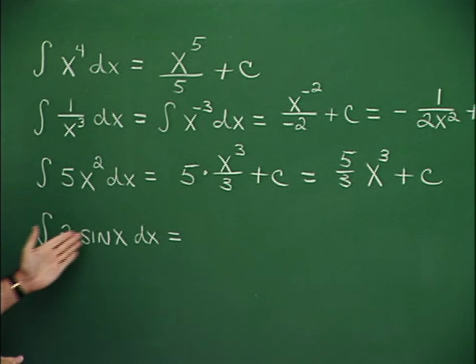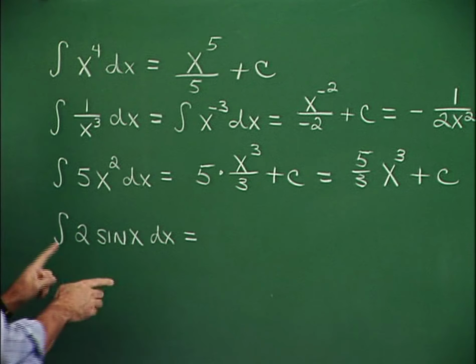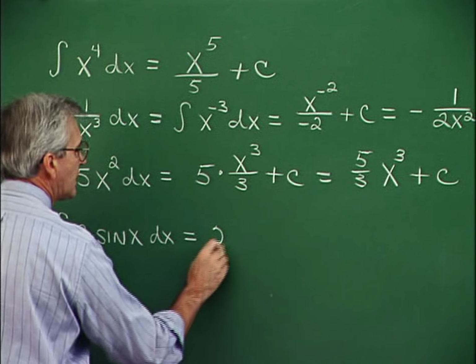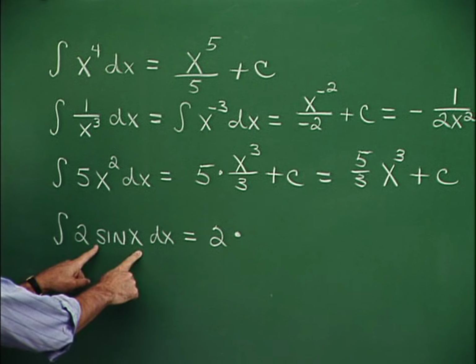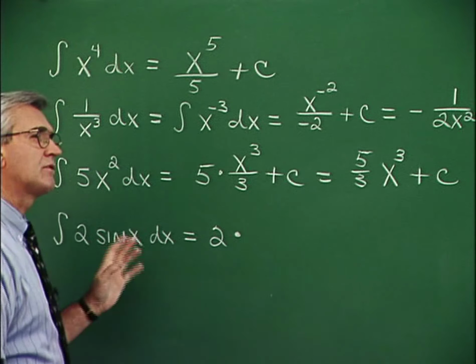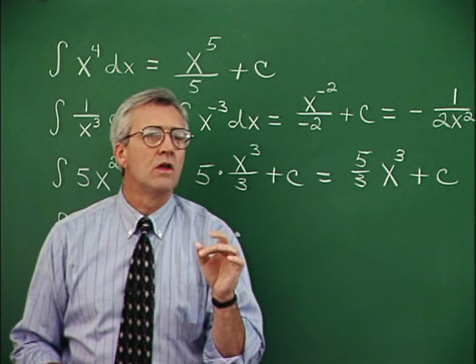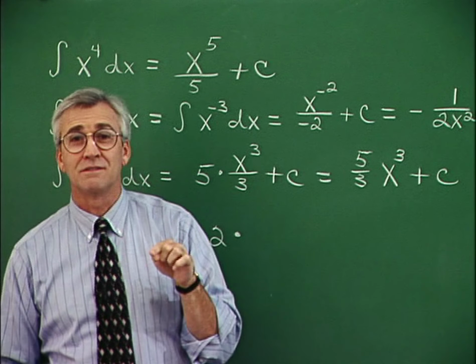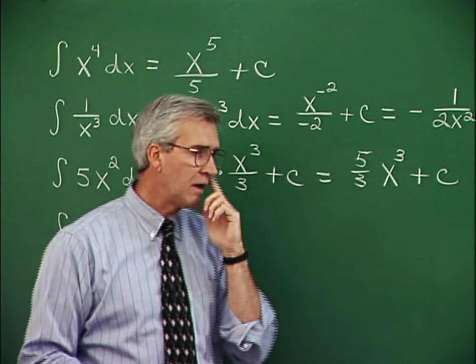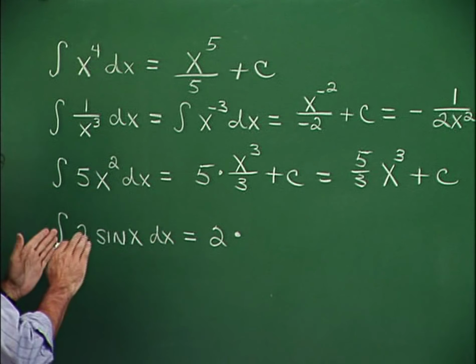Here we have the integral of 2 sine x dx, and once again we can just let the 2 tag along, say 2 times. Now, the integral of sine x. Let's see. The derivative of something is sine x. What is that? Well, it turns out to be negative cosine.